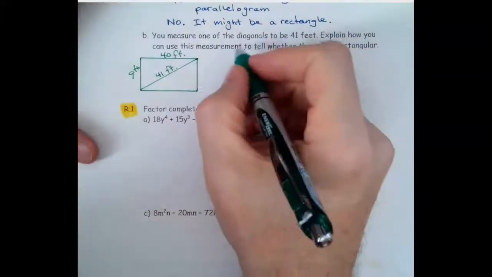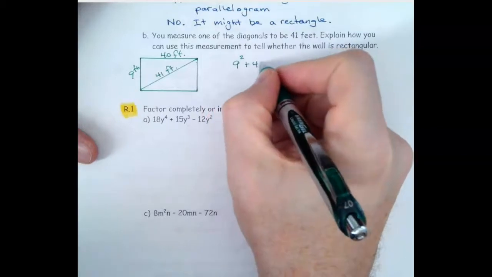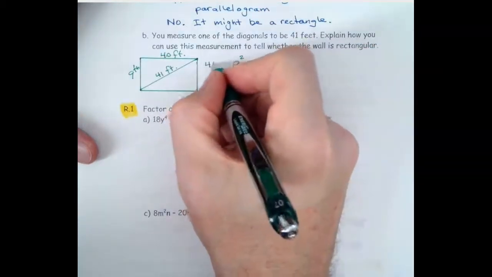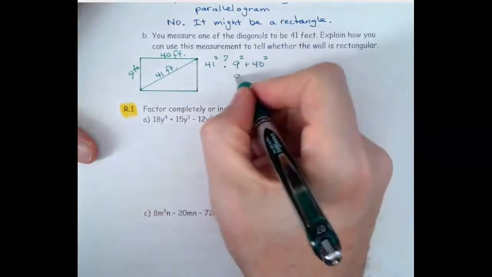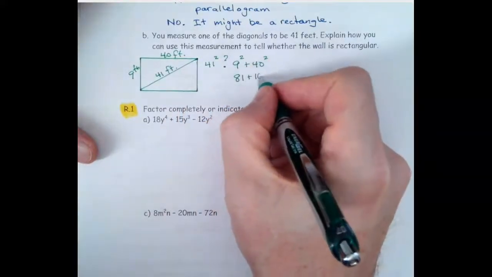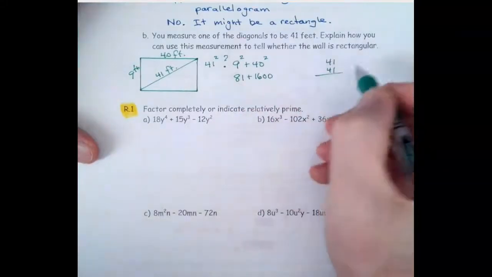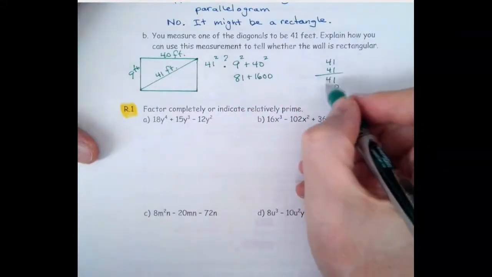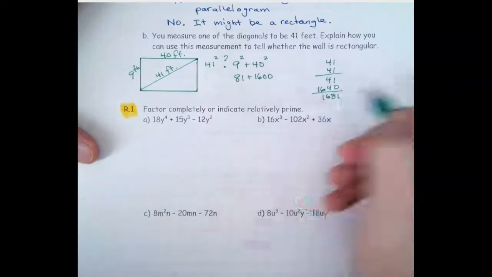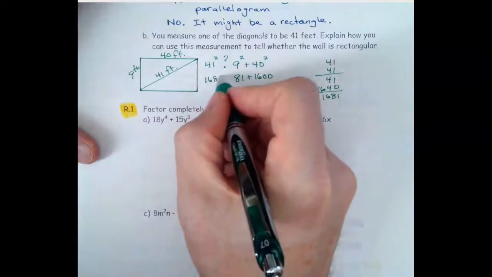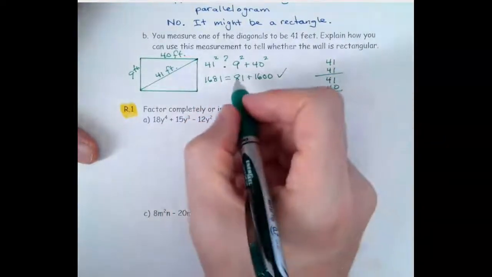So what we're wondering is 9 squared plus 40 squared compared to 41 squared. Okay, so this is 81, and this is 1600, and 41 times 41 is 1681, and that's 1681, so they are equal.